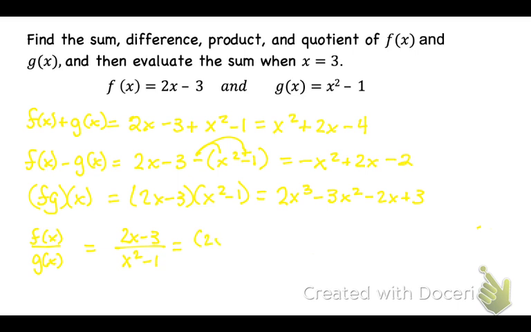So it's just 2x minus 3. Why am I putting parentheses around it? So I don't go reducing stuff that I can't, right? How about the denominator? Can I factor it? X minus 1, x plus 1. So if there was anything to reduce, reduce.